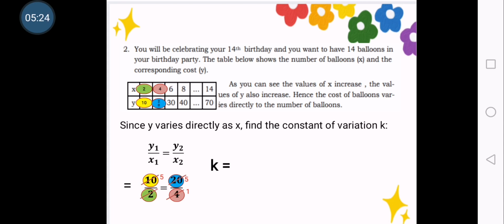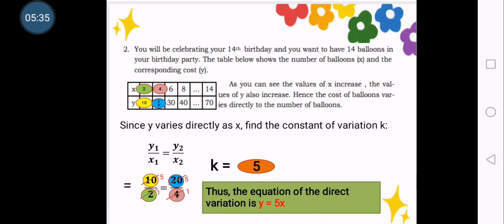So, ibig sabihin, every 2 balloons na pagitan, gagastos ka ng 5 pesos na, mag-a-add ka ng 5 pesos. So, yun yung constant. So, thus, the equation of the direct variation is y is equal to 5x. So, para makuha natin yung values ni y, i-multiply lang daw natin ng 5 sa bawat values ni x.